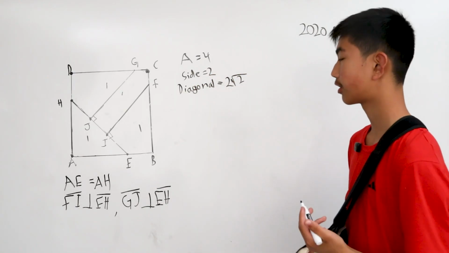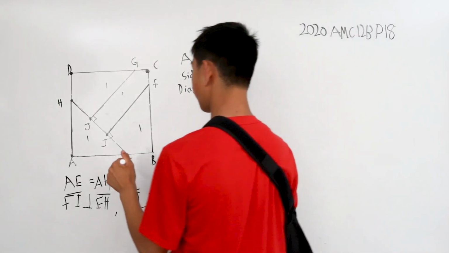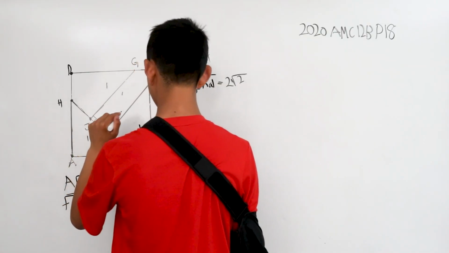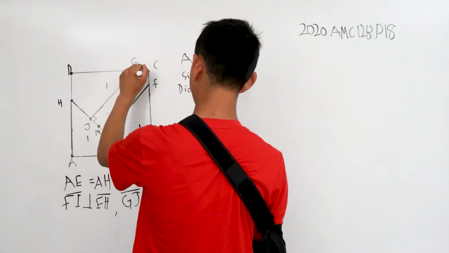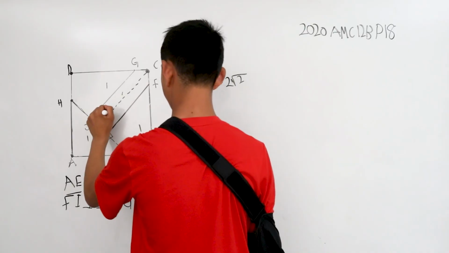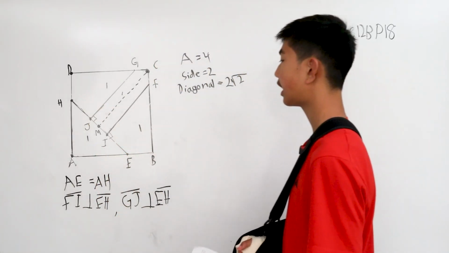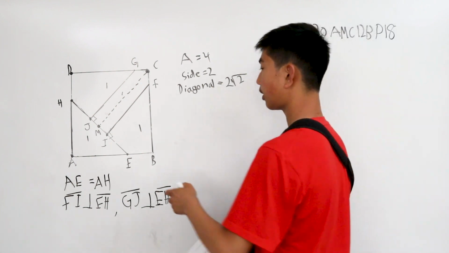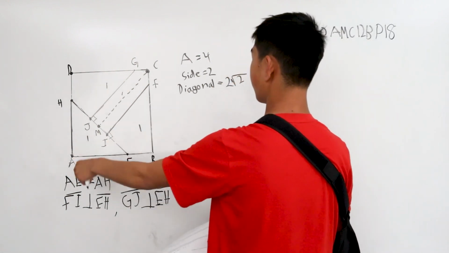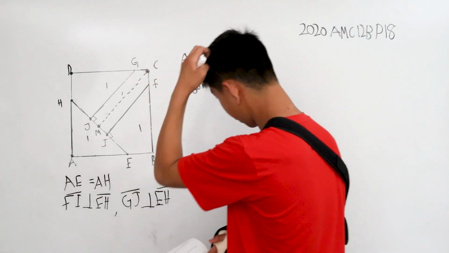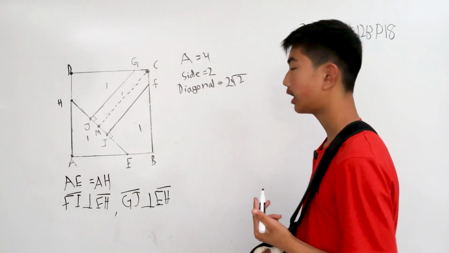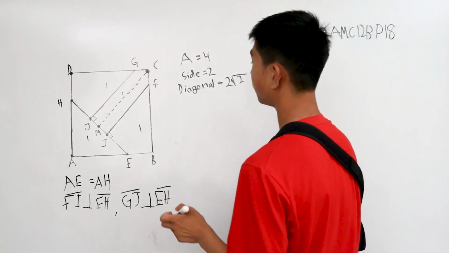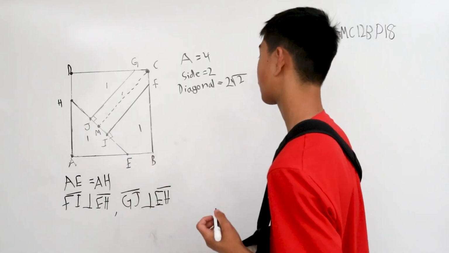Now, we can start using variables. Assume the midpoint between J and I, we'll call it M. So we now have this length created between point C and M. Now, since we know that the height dropped down from triangle AEH from A to M is equal to 1, it has to be 1 because these two are equal.